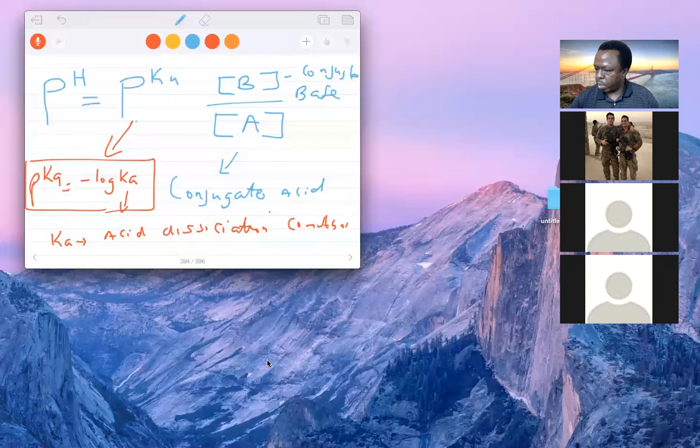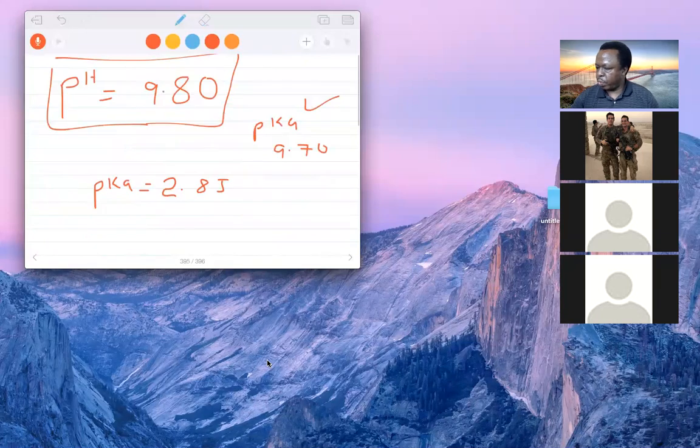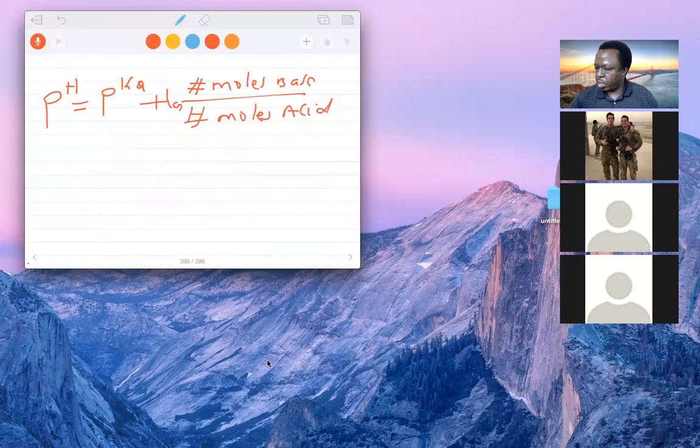Here is plus log, to be clear, plus log for the Henderson-Hasselbalch equation. Any other question?